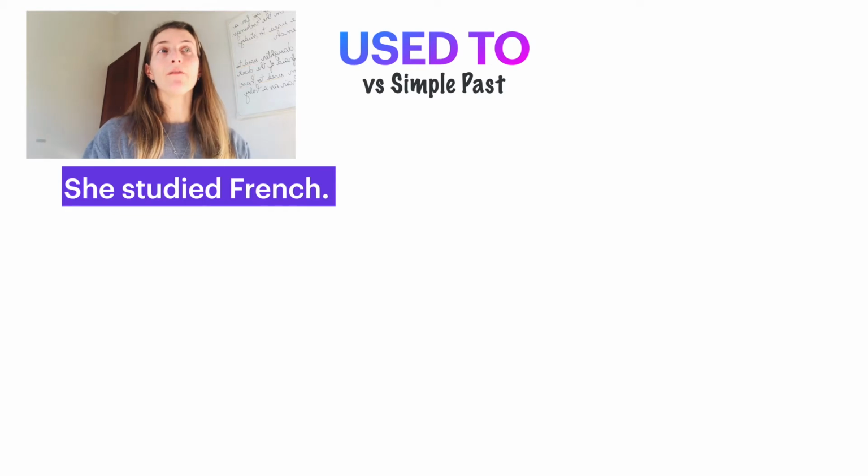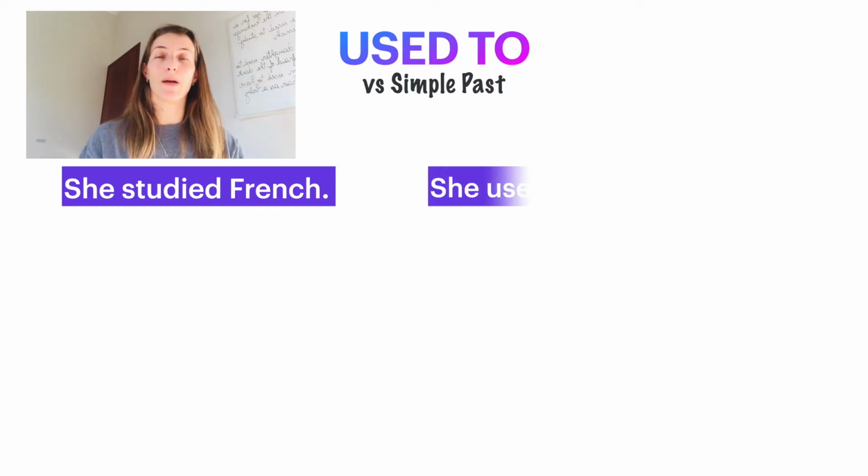Okay, here we have, she studied French. Yes? Ella estudiaba francés. Okay, that is a habit in the past. Puede ser usada tranquilamente para hablar de un hábito en el pasado. Y también podría esta misma oración estar hecha con used to, ya que estamos hablando de un hábito en el pasado.